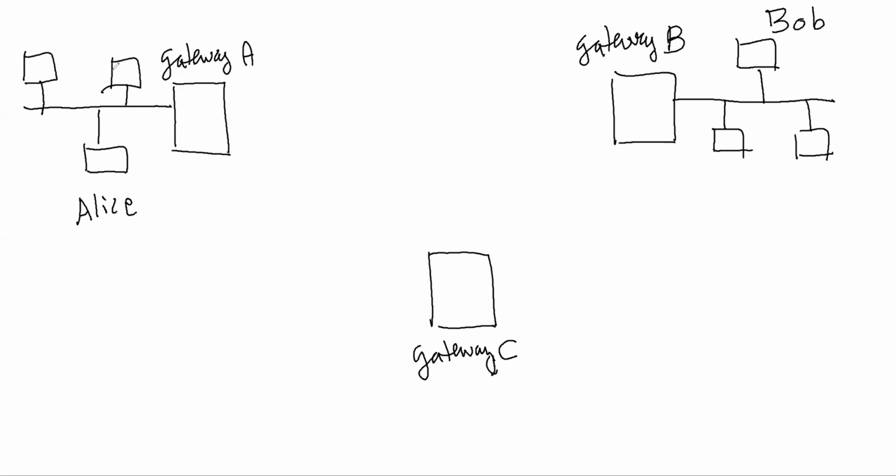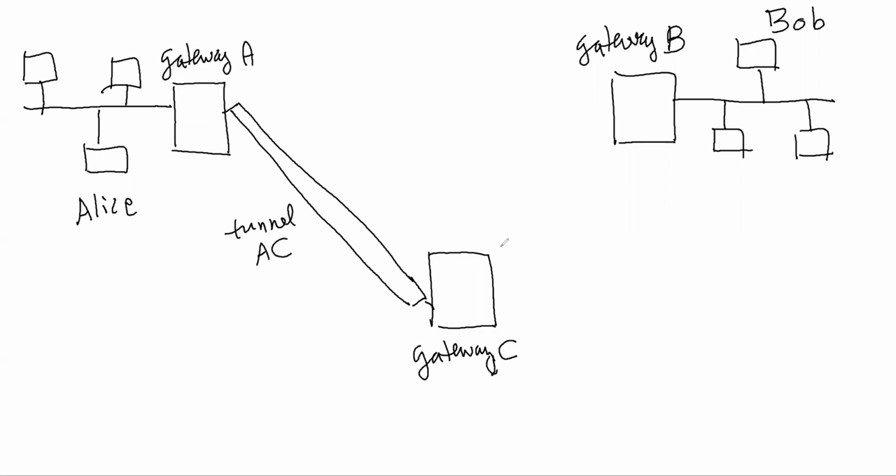But instead of creating a single tunnel between A and B, it creates a tunnel between A and C first, tunnel AC.